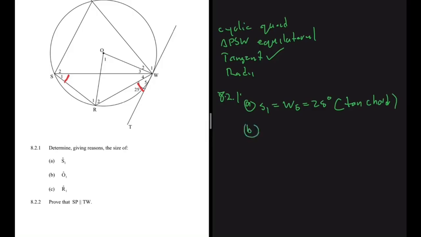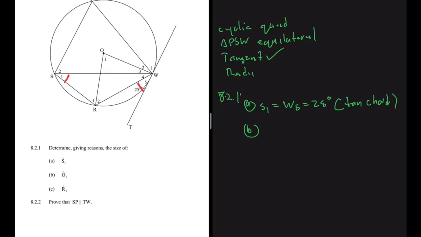And then let's move to B. B says let's find O1. Again, we're not thinking about anything else other than the four keywords we have. Cyclic quad, there's no immediate connection between O1 and the cyclic quad. Angle PSW, O1 is not an angle in PSW, right?